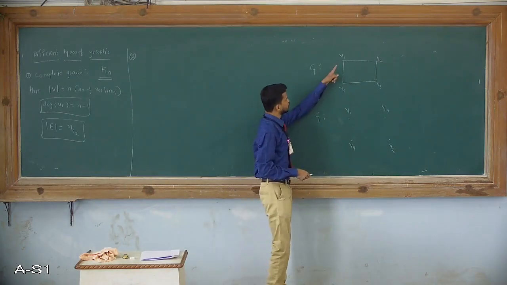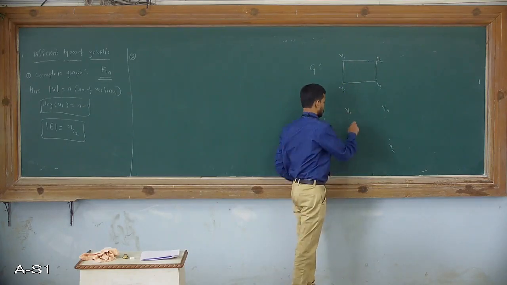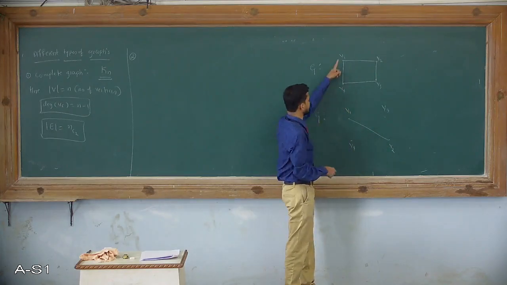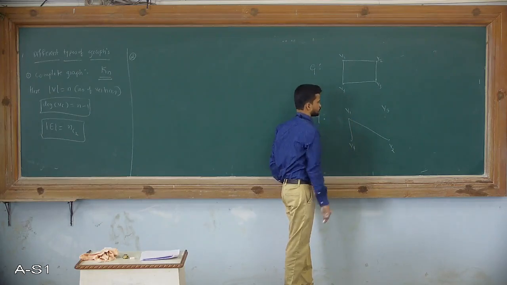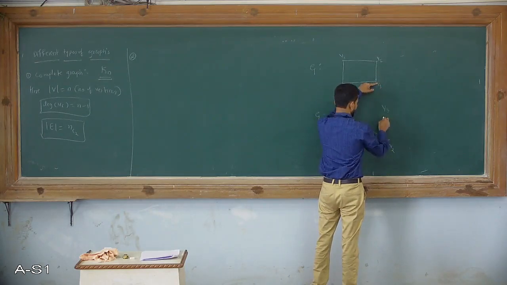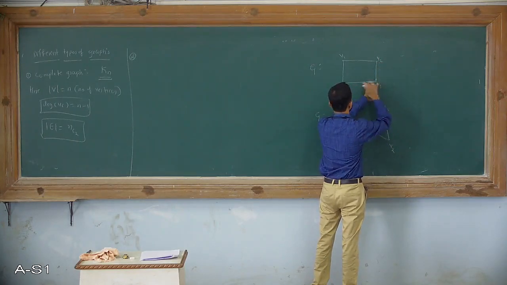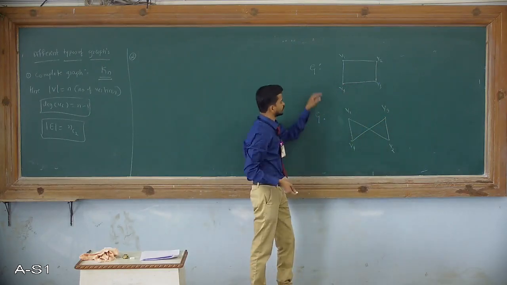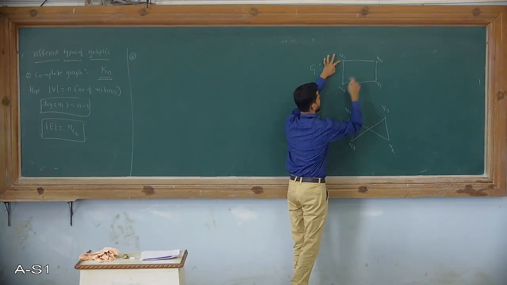Here V1 is adjacent with V2, and V1 is adjacent with V4. Similarly, V3 is adjacent with V2, and V3 is adjacent with V4. I will repeat it once again. If I start with V1, V1 is adjacent with V2 and V4.